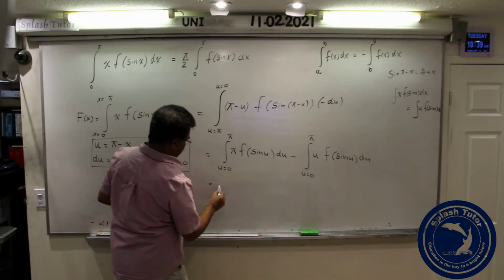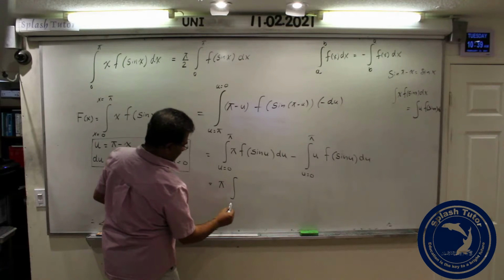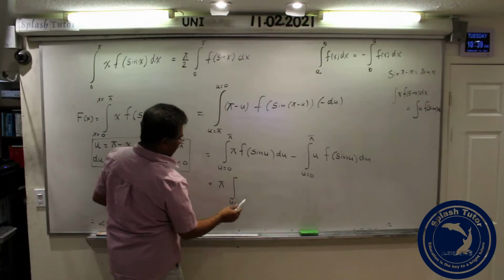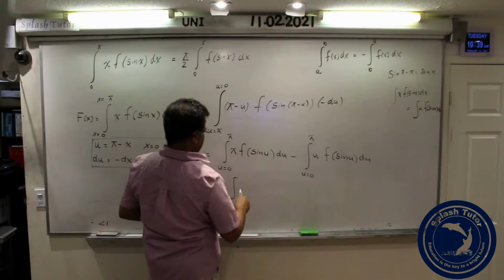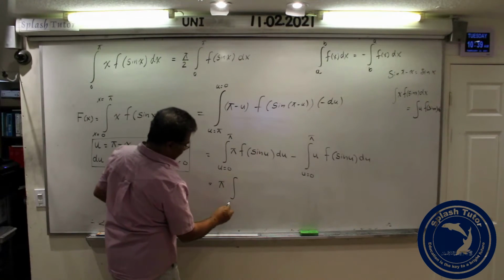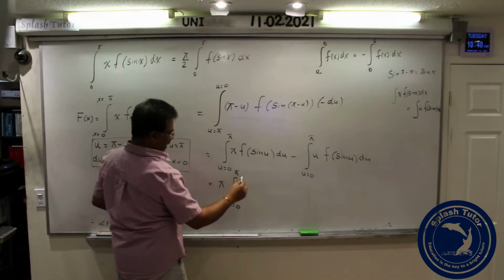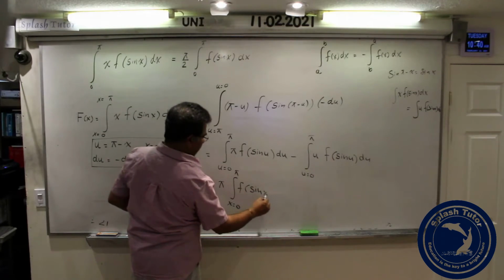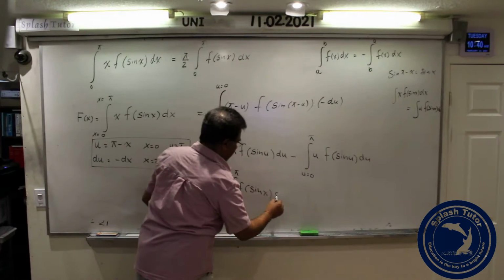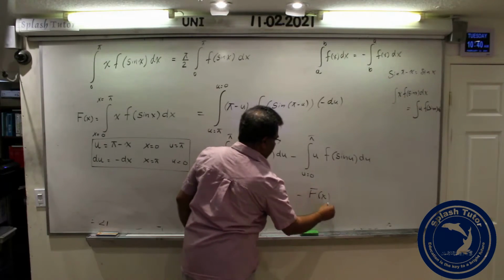So that is actually pi times the integral of u from 0 to pi. Now we can flip this. How? That minus will come here, so f(sine x) dx minus capital F(x).